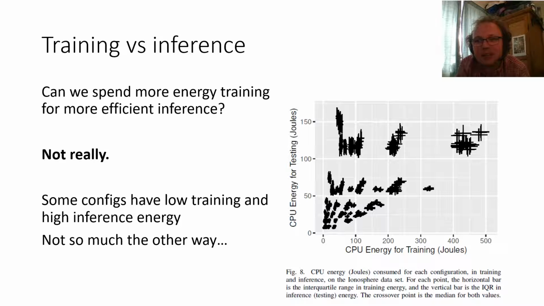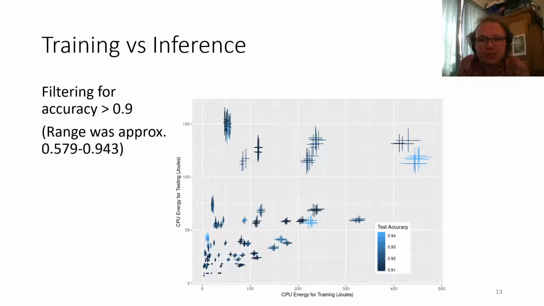If we dig in a little deeper and filter those results for the higher accuracy configurations, so these are the lighter colored ones, the configurations around this area here are both low energy for training and relatively low energy for inference, and we don't seem to be able to do much better than those in terms of accuracy. So there isn't really as much of a trade-off as we might have hoped here.